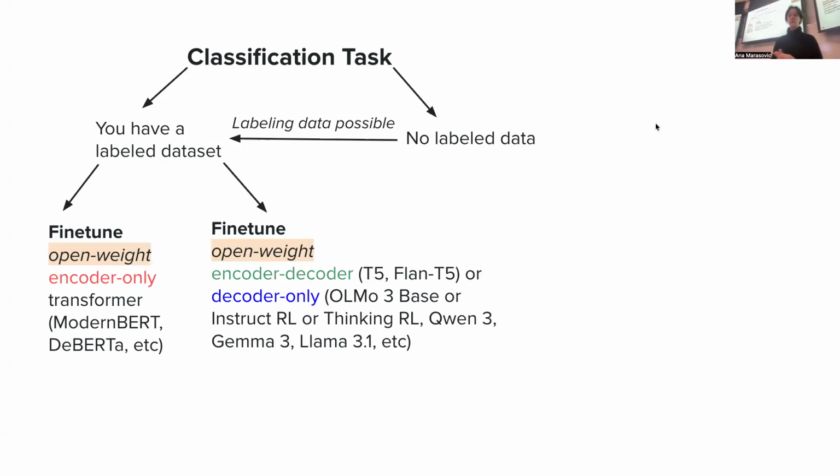If you have labeled data, you can fine-tune a model, right? Because you have supervision. And generally, if you want a model that is best for the task at hand, a very specialized model, there probably is no better solution than to fine-tune a model using labeled data.